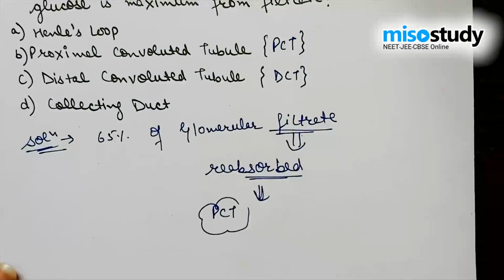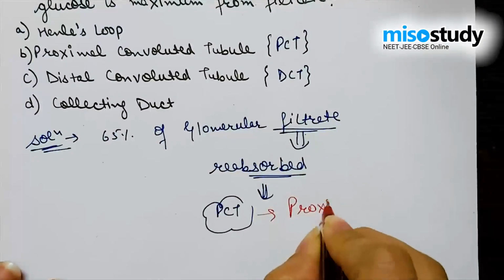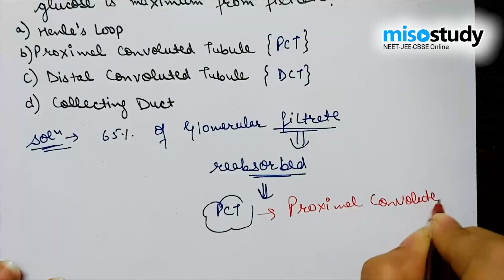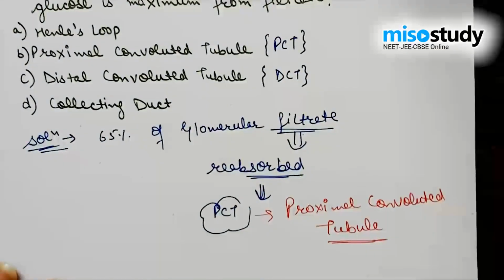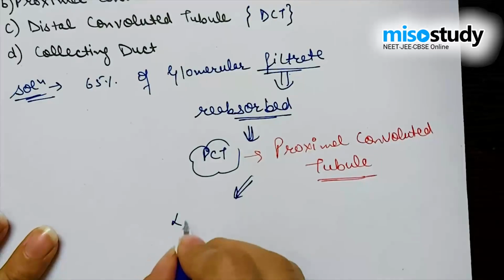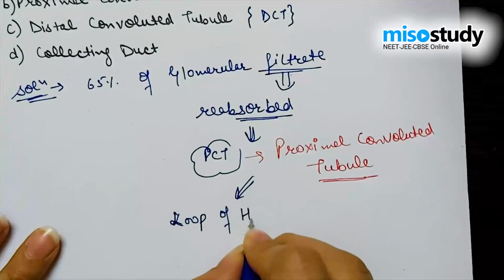PCT is the proximal convoluted tubule, which generally reaches the loop of Henle.